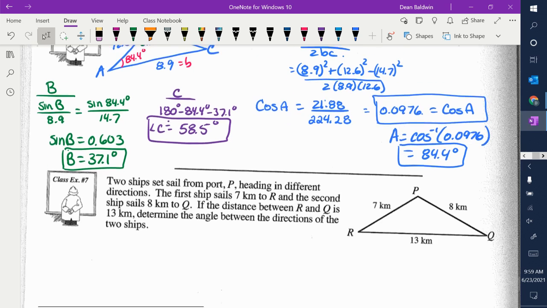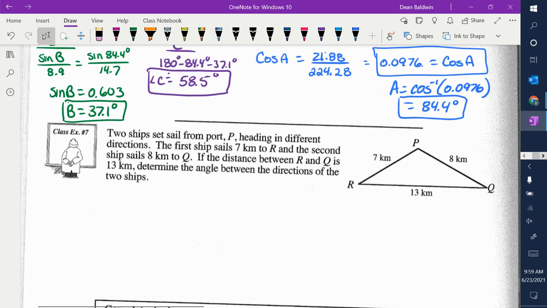All right, last one here, this lesson. Two ships take off from P heading in different directions. The first one goes 7 kilometers. The second sails 8 kilometers. Distance between them is 13 kilometers. What's the angle between them? I.e., what's this angle? So we have RPQ.